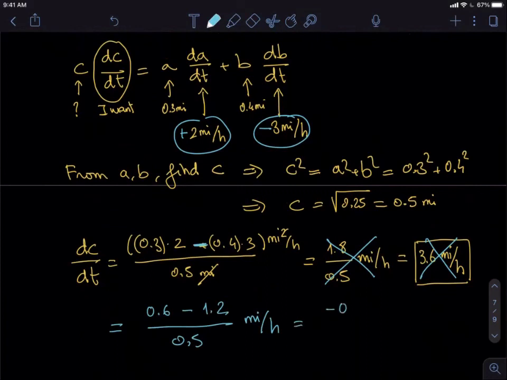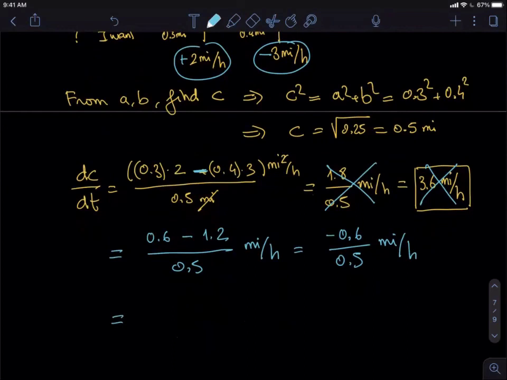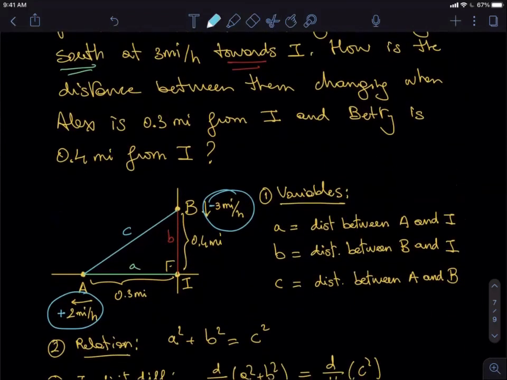That is minus 0.6 divided by 0.5 miles an hour, and that is negative 1.2 miles an hour. So this is saying that they are getting closer to each other. If we think about the problem, that makes sense because Betty is walking much faster towards the intersection than Alex is walking away from it. So the tendency is to get closer.